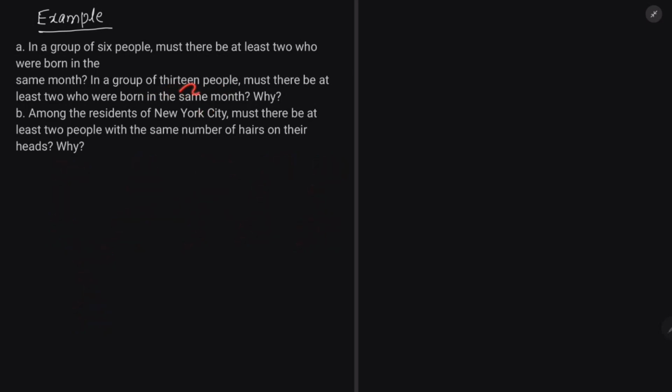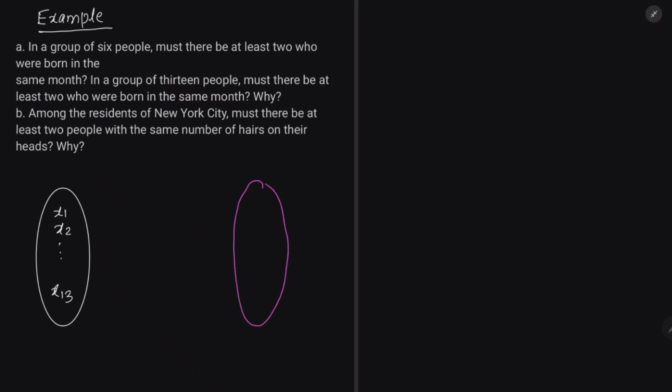Now look at another example. If we have 13 people, the question is, must at least two be born in the same month? Now this is interesting. Suppose we have a set of 13 people, x1, x2 up to x13, and there are 12 months.